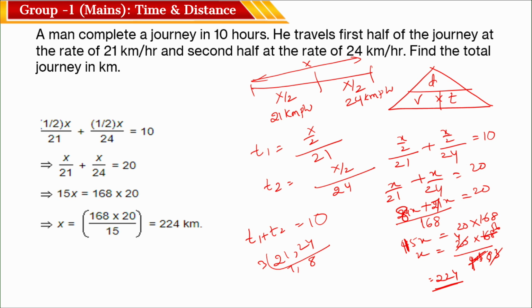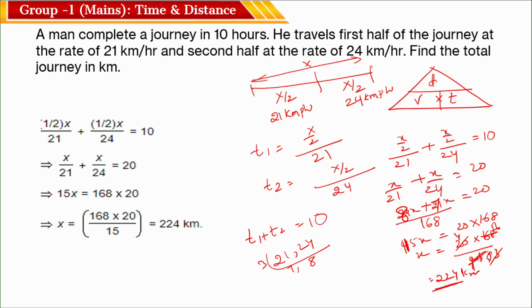So T1 equals x by 2 by 21 and T2 equals x by 2 by 24, because time is equal to distance by speed, and T1 plus T2 is given as 10 hours. So x by 2 by 21 plus x by 2 by 24 equals 10, then after simplification you get x equal to 224. So the total journey is 224 kilometers. In this manner you can find the answer easily.